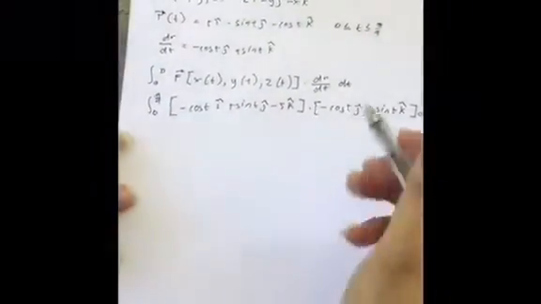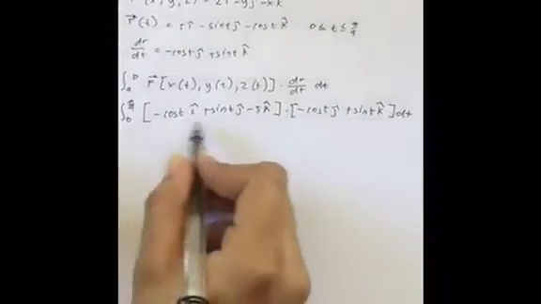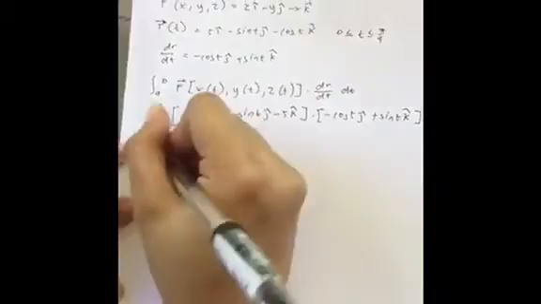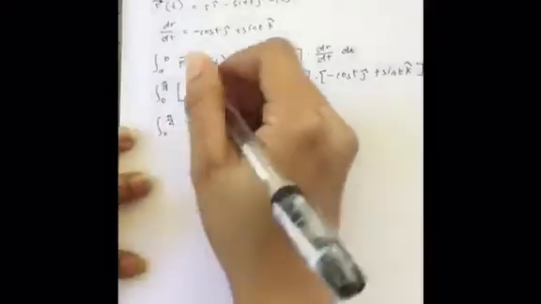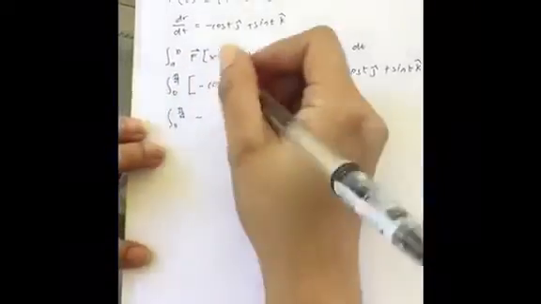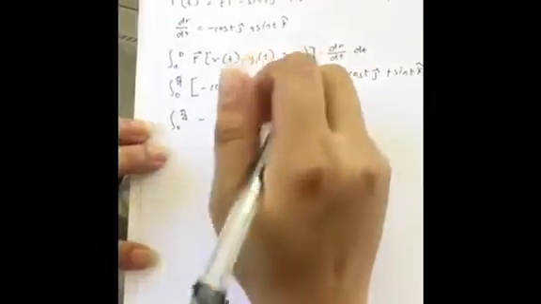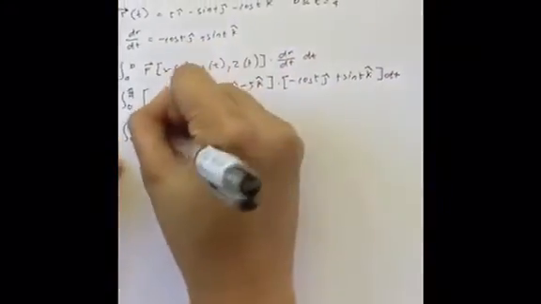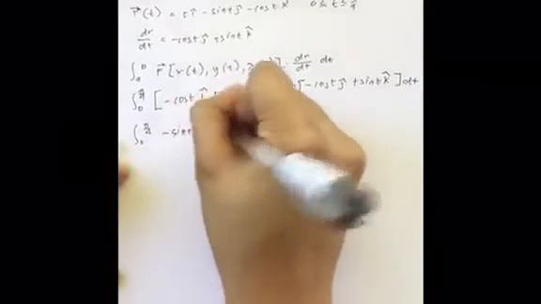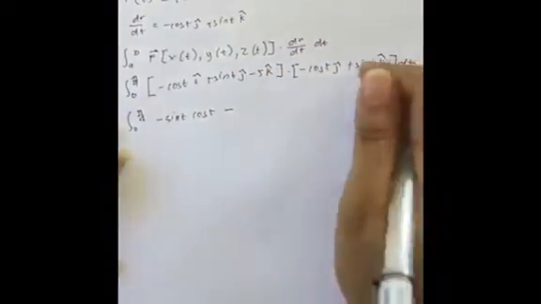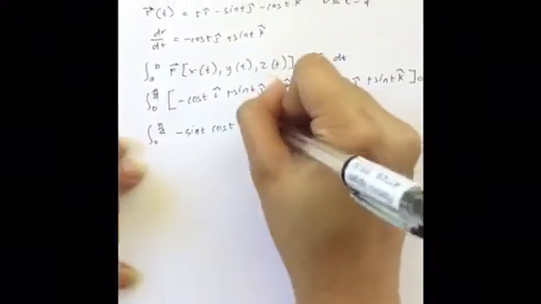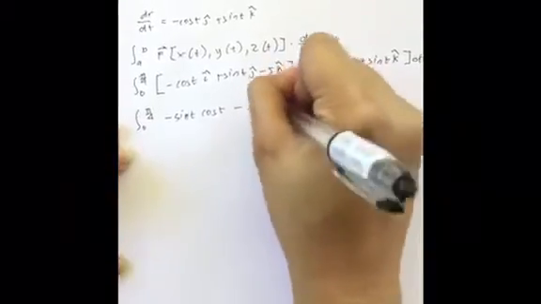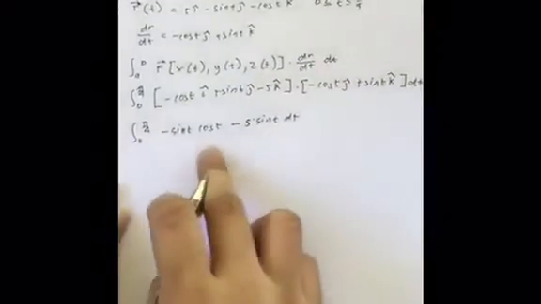Then multiply. Because there's no i here, just eliminate this part. So the integration of 0 to pi over 4 is equal to negative sine times negative cosine is negative sine t cosine t, minus the negative 5 times the positive sine t. So it is negative 5 sine t dt. Then integrate it.